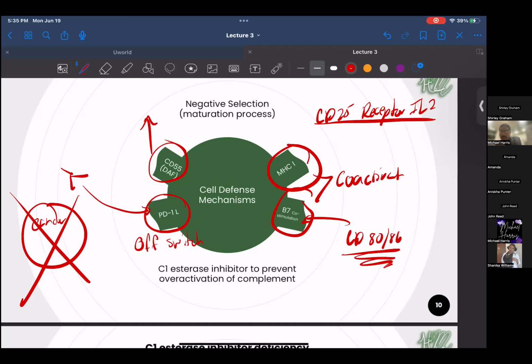FOXP3 is the actual marker for the Treg cell. C1 esterase has to deal with the complement pathway, not the regular adaptive immune response. Do you guys remember this guy, CTLA4?